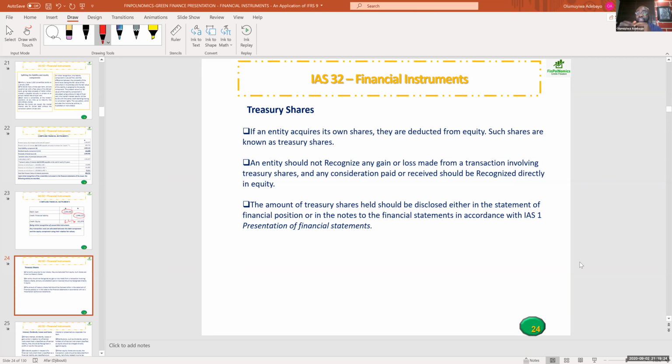Also take note, dividend is not paid on treasury shares because such shares are deemed not to be outstanding. Likewise, earnings per share is not computed on treasury shares because such shares are no longer in issue. That's why, in our discussion in IAS 33, when we have treasury shares, we deduct them from the opening shares to arrive at shares in issue at the reporting date, subject to the weighted average.